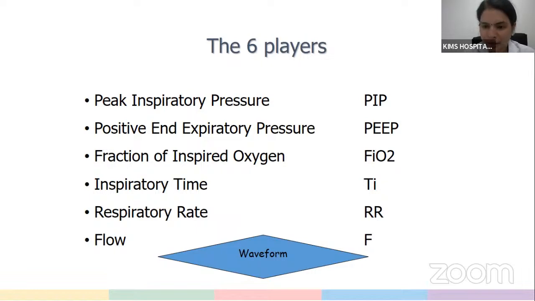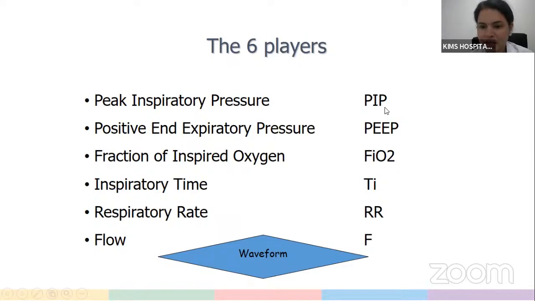The other 4 players, which are decided by the disease we are dealing with and the size and weight of the baby, are the peak end expiratory pressure, the I time, respiratory rate, and the flow.